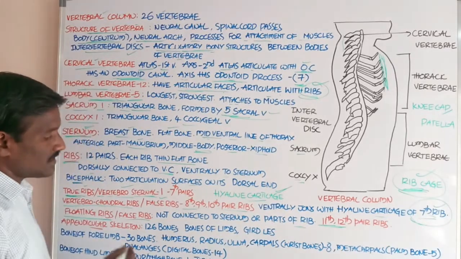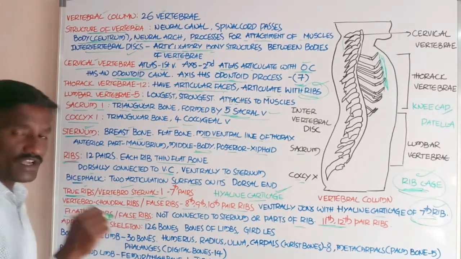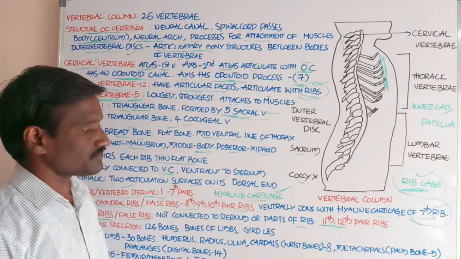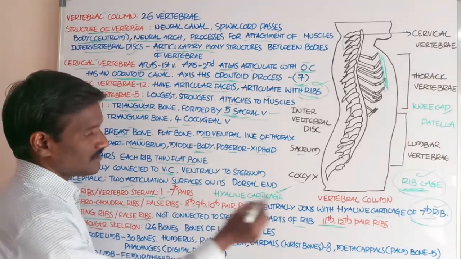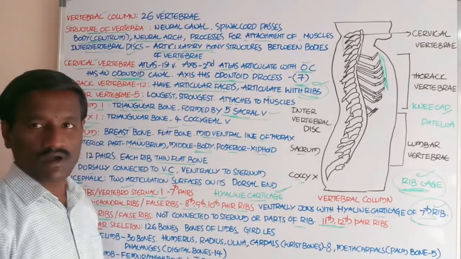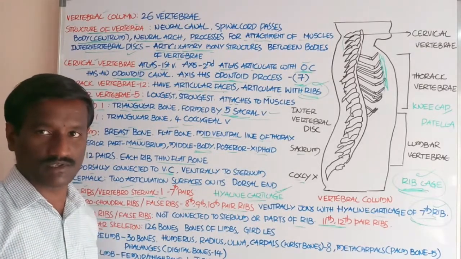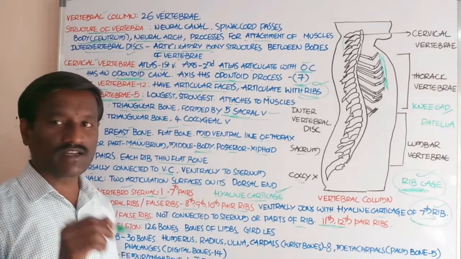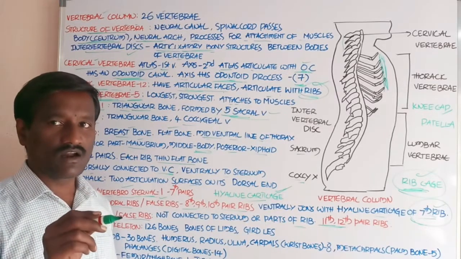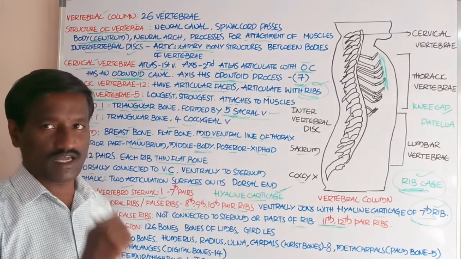So these are called floating ribs. The 8th, 9th, 10th, 11th and 12th pair ribs are called false ribs because they are not connected to the sternum.